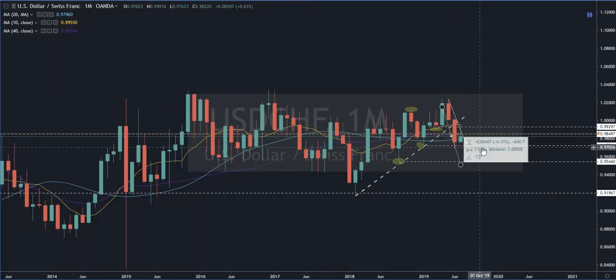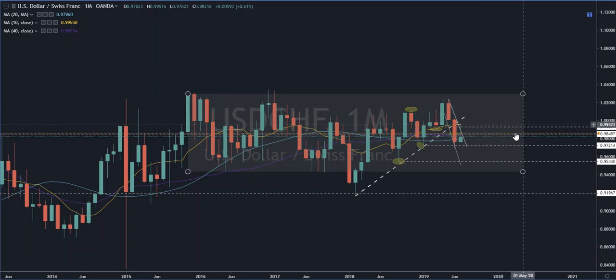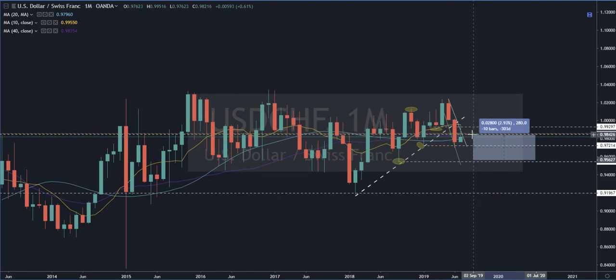So if we go back to the higher time frame, the profit target really will be dictated by price action, but we will certainly be looking at coming towards this middle area here. So profit one, you're looking at 200 pips, so 220 to 250, something like that.